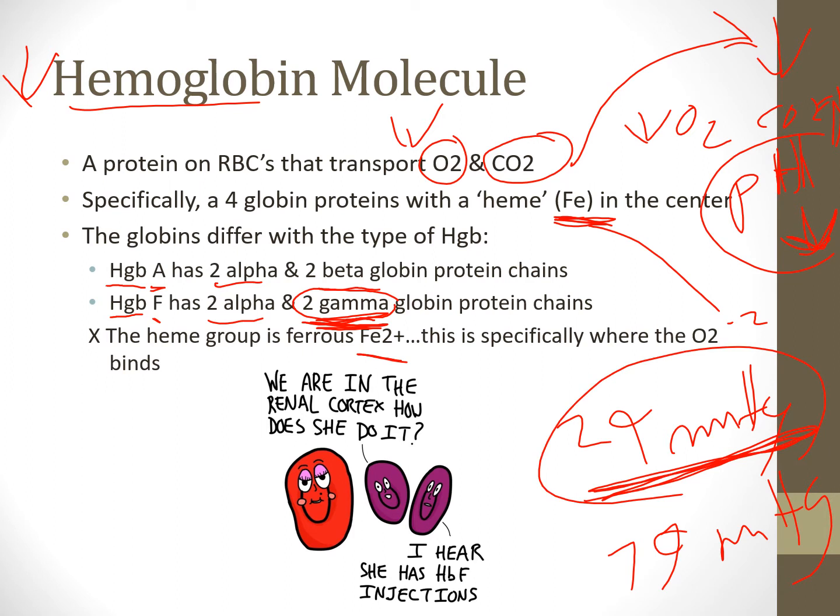So that gamma globin protein change actually changes how much oxygen can be carried at a lower PO2. At a lower pressure, I can still carry a whole heck of a lot of oxygen and still develop and grow. So until a baby is about 3 to 6 months old, they still have fetal hemoglobin on board.